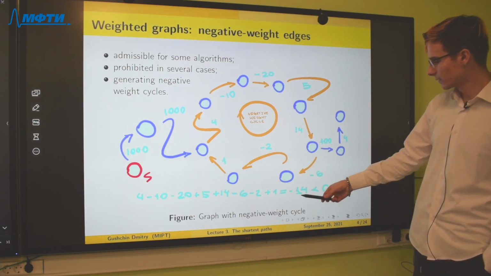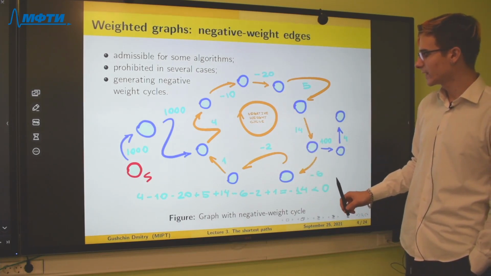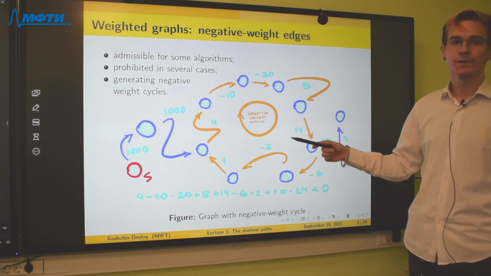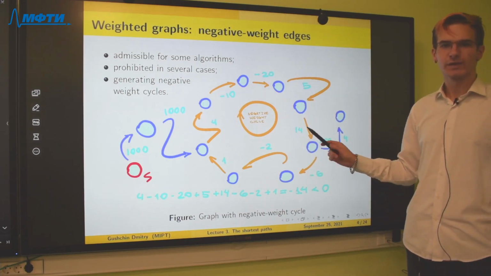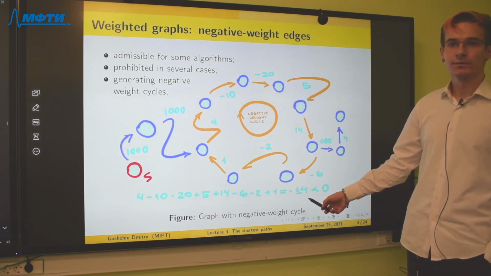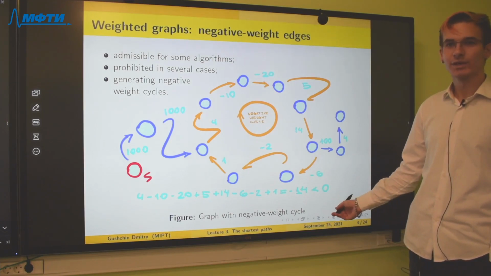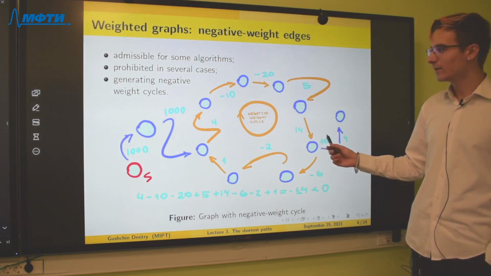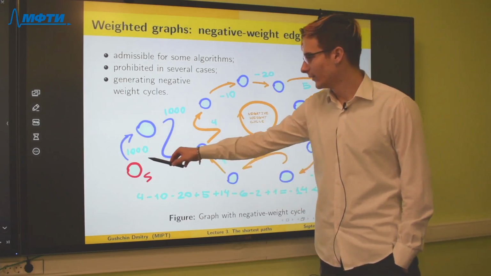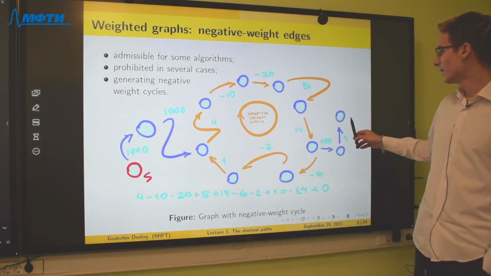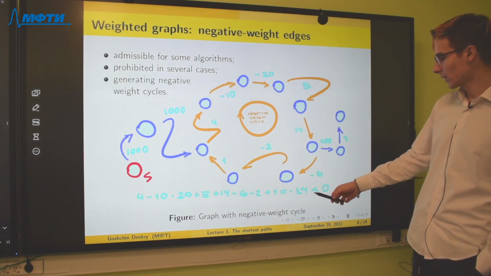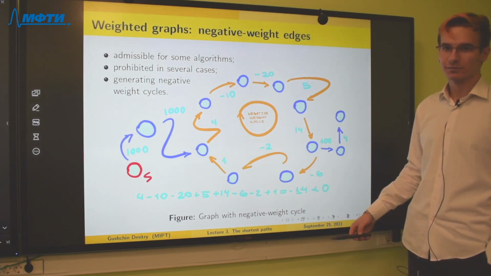If we go around this negative weight cycle, for example, 1000 times, we have minus 14,000 as its weight, and we can find a way from the source to another vertex with minus infinity weight.